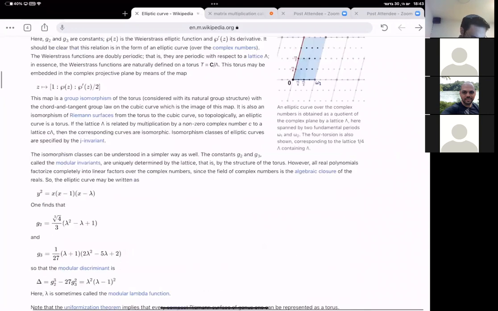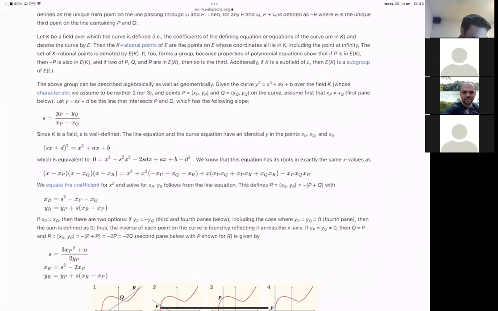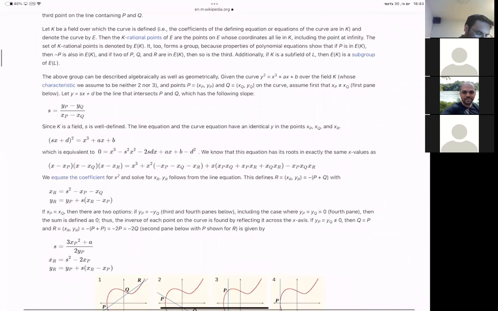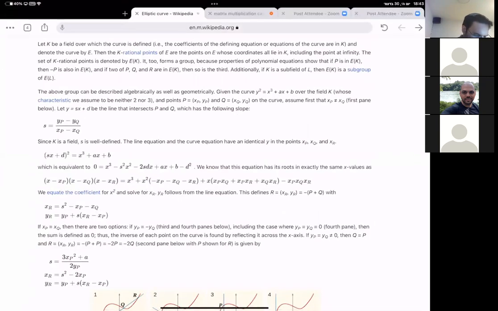You see that they are doing it here. This is S. S is the slope, I think. I may be mistaken.